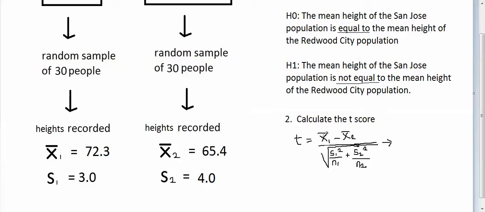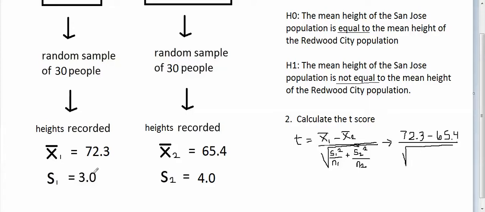So X bar 1, that's the mean of sample 1. That's 72.3. X bar 2 is 65.4. That's the top of the fraction.